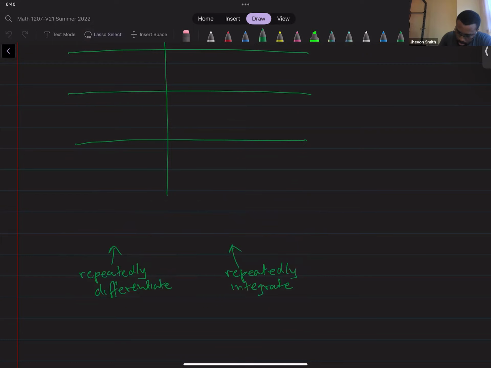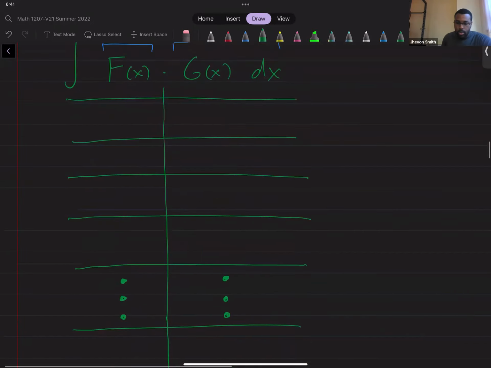You're going to do this repeatedly, but there's going to come a point where you stop the process. You're going to do this for some amount of time, and I'm going to tell you exactly how many times to do it.